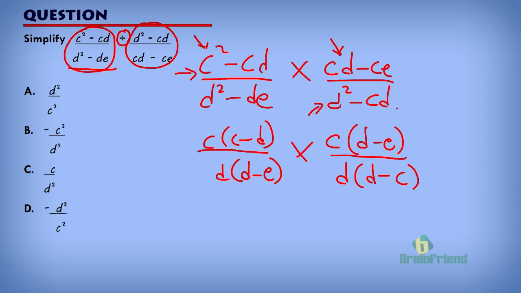Now, talking about what we learned earlier about signs changing, our intention is to get factors that are common so that we can cancel out. We already have d minus e as a common factor. But note, c minus d and d minus c can become common factors if we do the rearrangement of signs that we learned about earlier. So let's try and rearrange our signs.